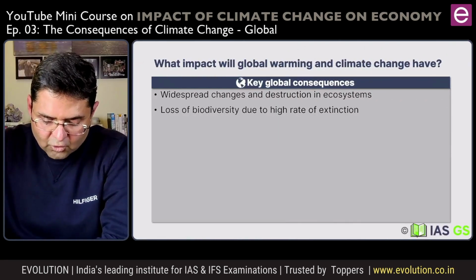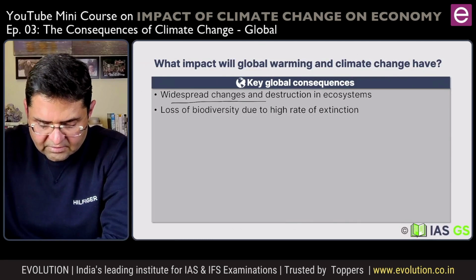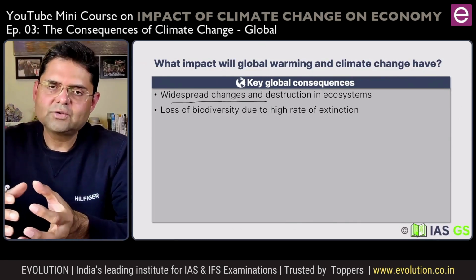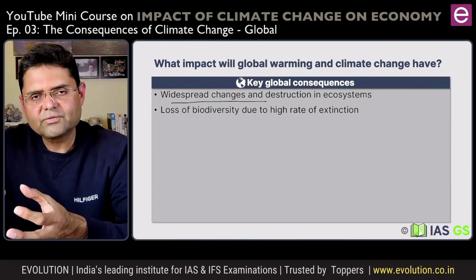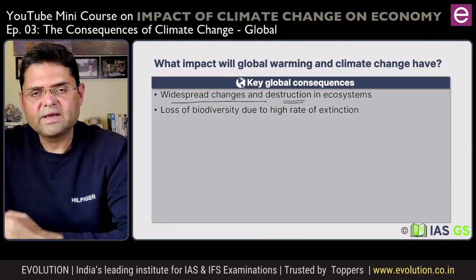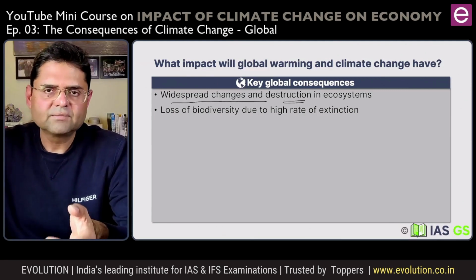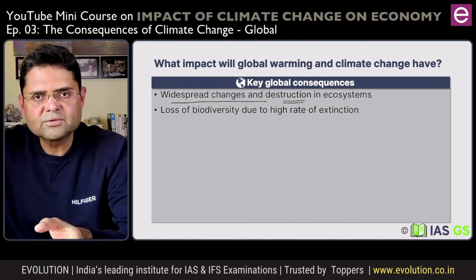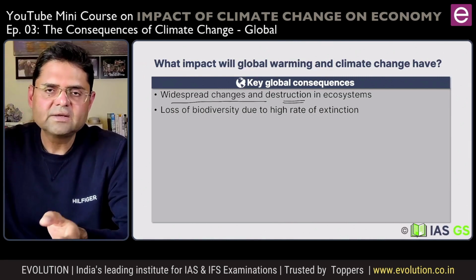Now we come to the global ecosystems changing. The basic trophic relations, that is who eats whom and how the food chain works, are changing. Destruction of ecosystems is also taking place, like forest fire, flooding, and so on. And because of that, the biodiversity supported by these ecosystems is also depleting.